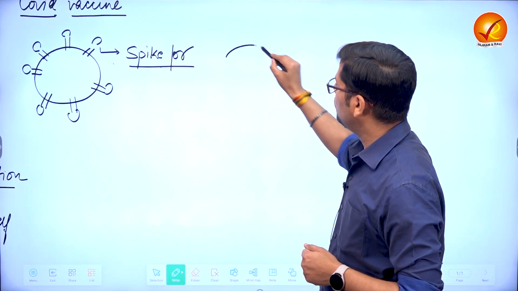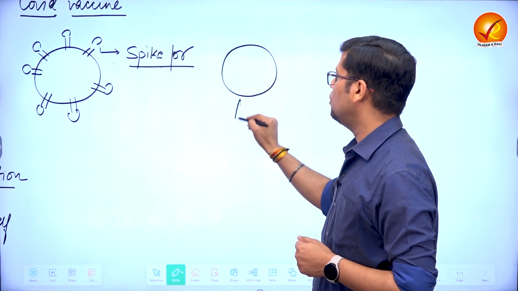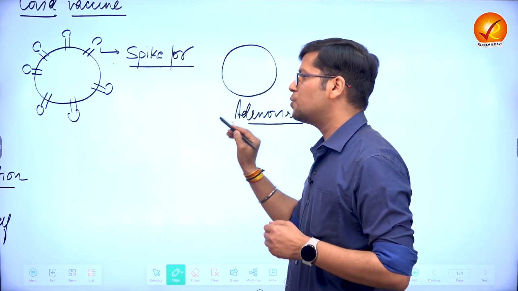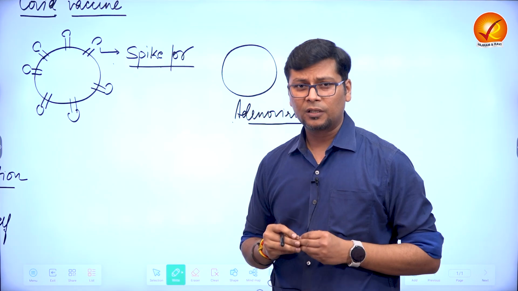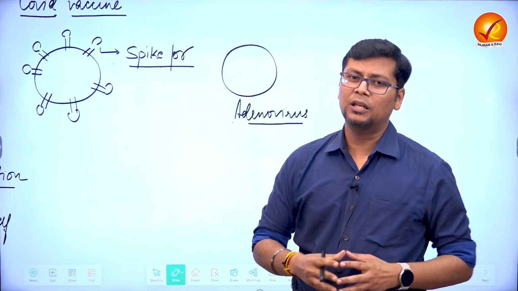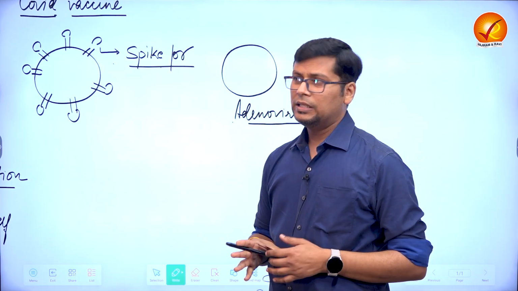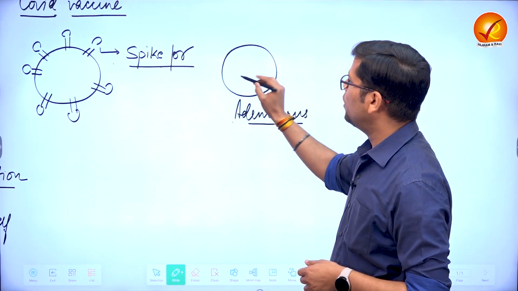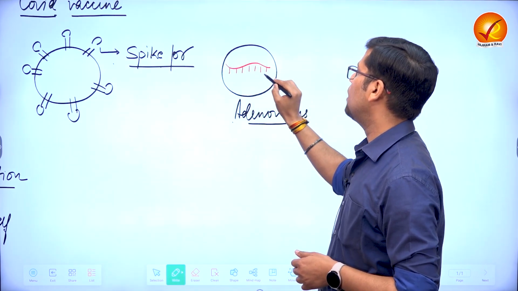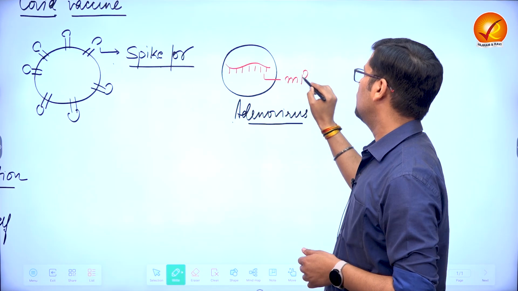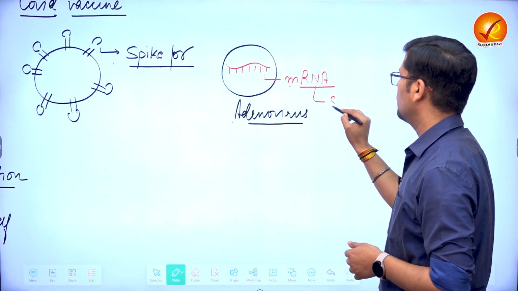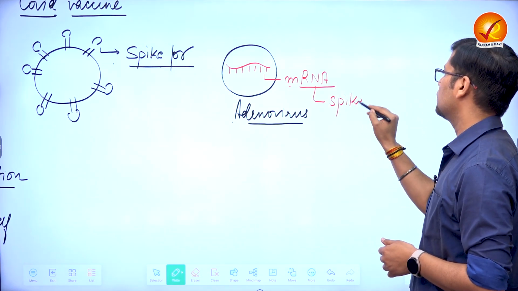You see, I've already told you that adenovirus is one of the most preferred vector carriers of a foreign substance within an animal cell. Let's say an adenovirus is packaged with the mRNA. mRNA coding for what? That's obvious.